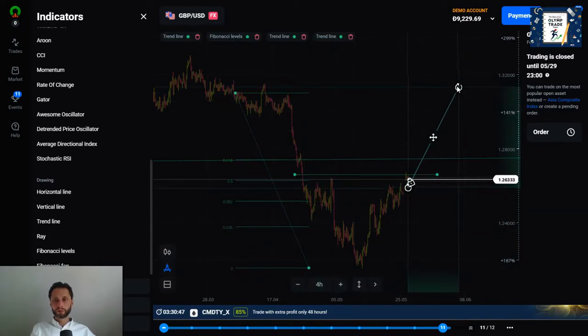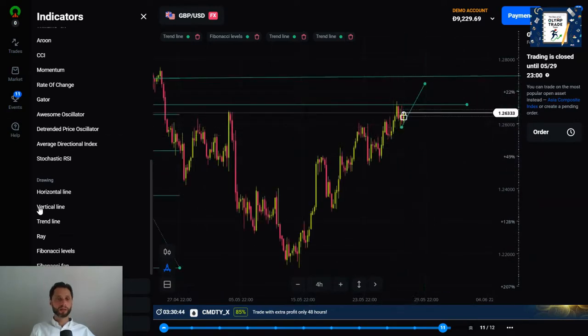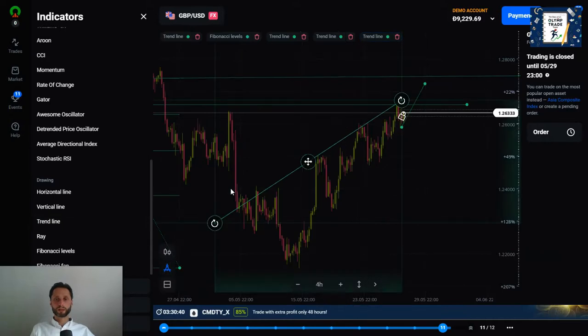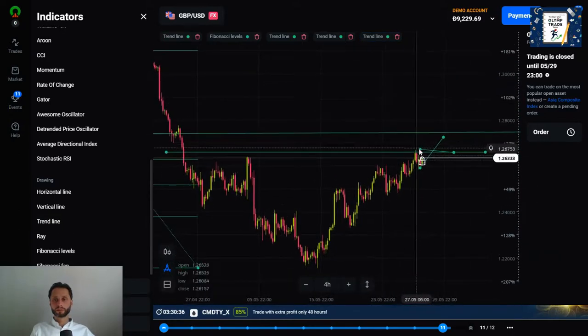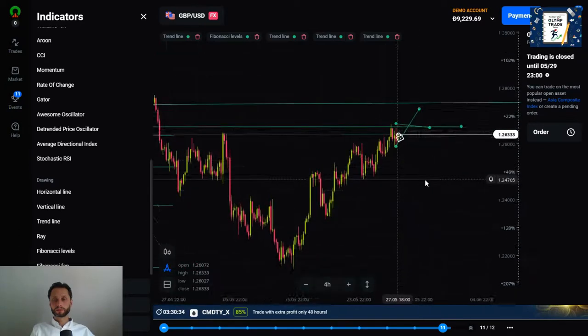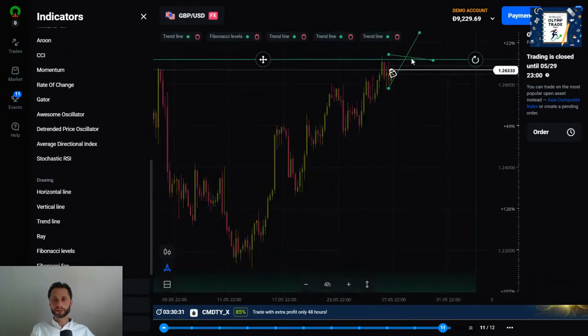The market will head up first, and if it does move up first, then I'll be looking for a trade where it actually comes back down into the level.